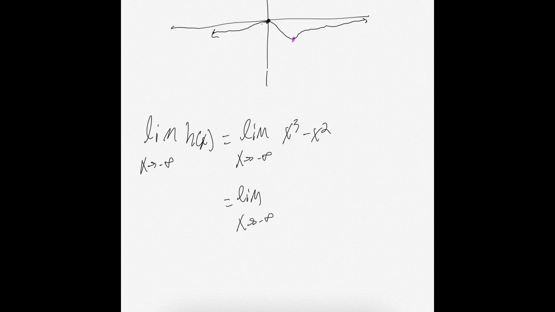Well, that's the limit as x goes to negative infinity of x cubed minus x squared. So now we'll do one of our favorite tricks, and we will factor out x squared. Limit as x approaches negative infinity of x squared times x minus 1.